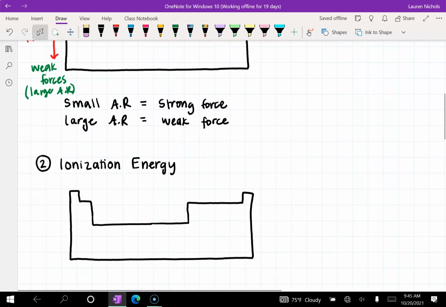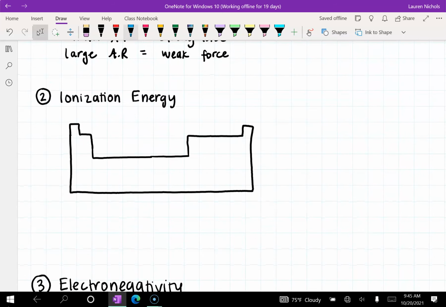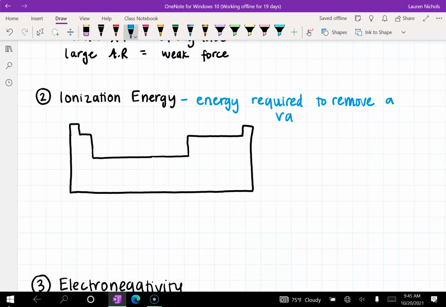If we're looking at ionization energy, it is the energy required to remove an electron, specifically a valence electron, not just any electron.